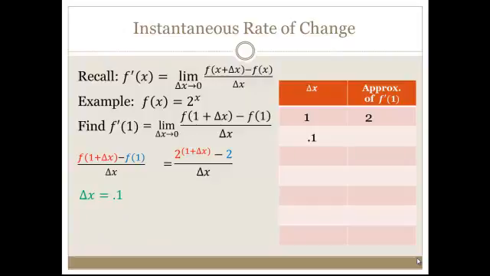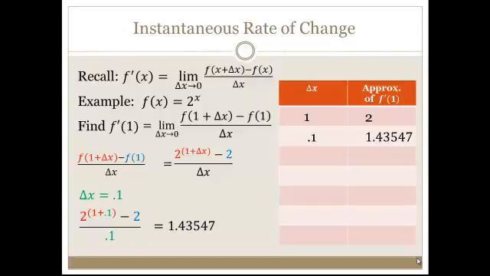Now let's look when delta x equals 0.1. Computing our approximation here, we have 2 to the 1 plus 0.1 minus 2 all over 0.1. Computing this, we get 1.43547. So our next approximation of f prime of 1 is 1.43547.